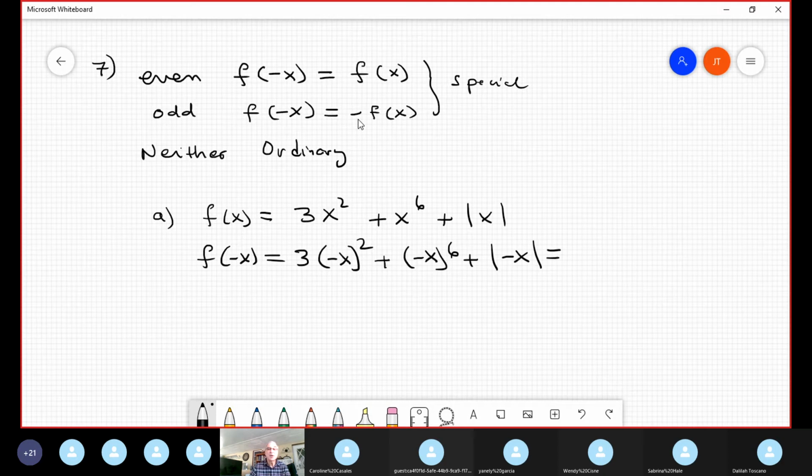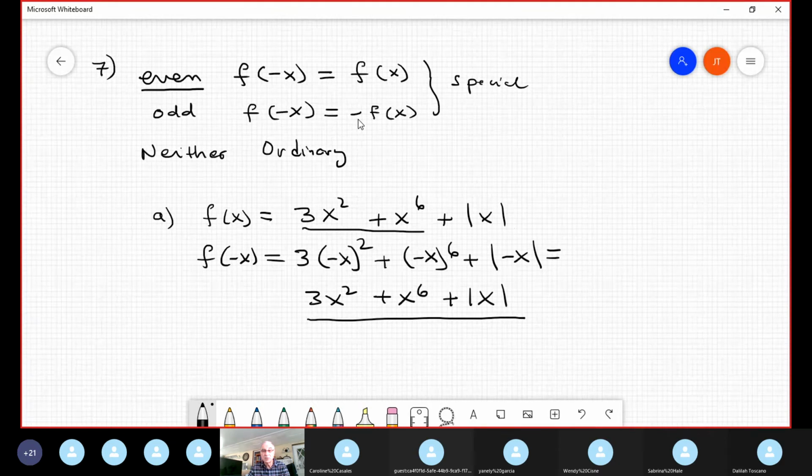Okay, and you manipulate algebraically. You know very well that when the exponent is even, the negative quantity becomes positive. So this stays the same. This stays the same. The reason is because the exponent is even. That is the reason it's an even function. The absolute value makes a negative number positive. And we compare the last equation and the original. In this case, it is exactly the same. Therefore, the conclusion is it is even.